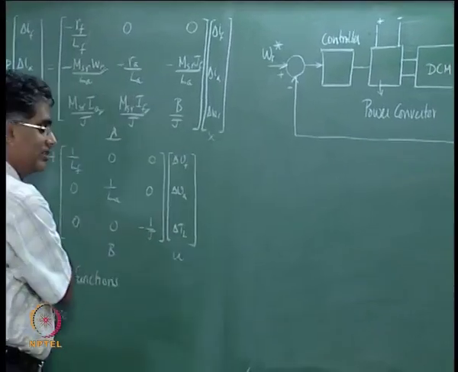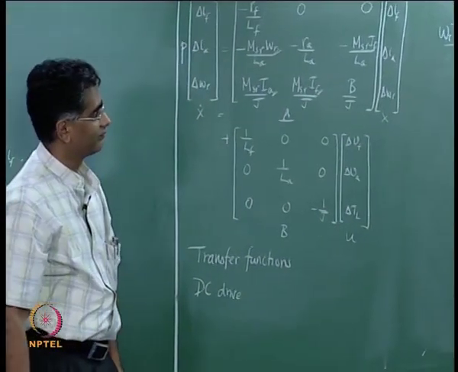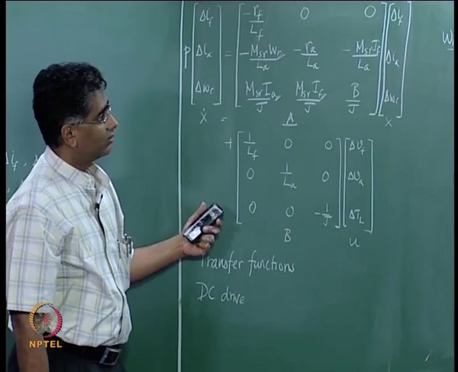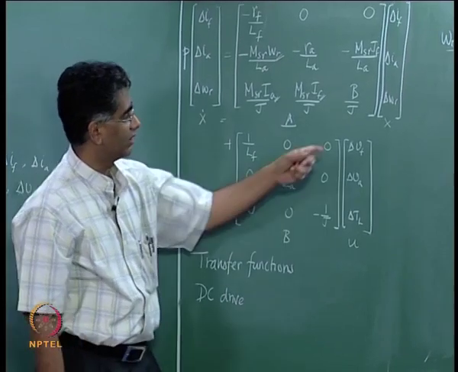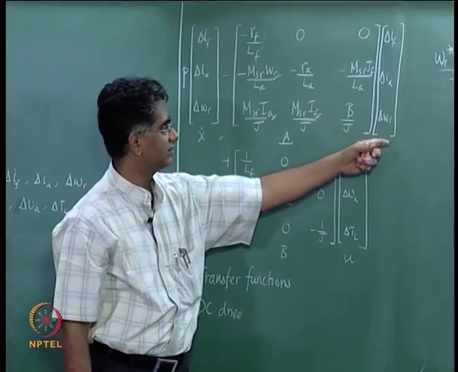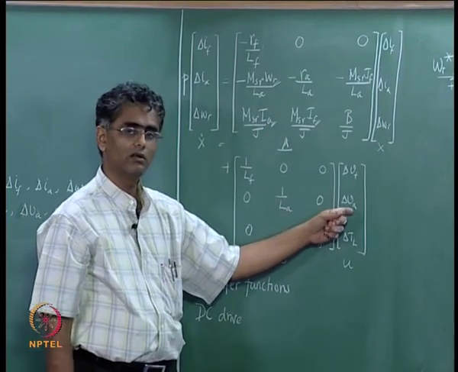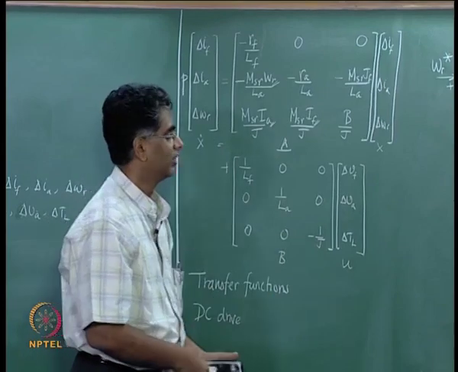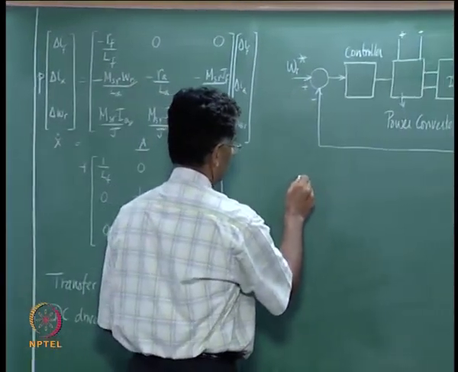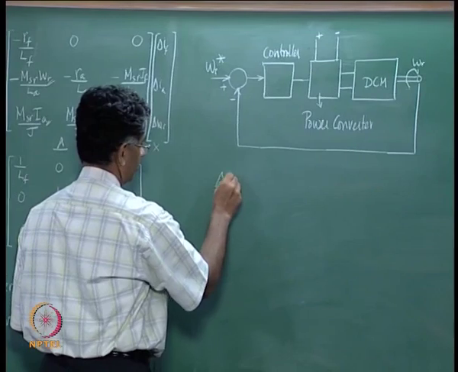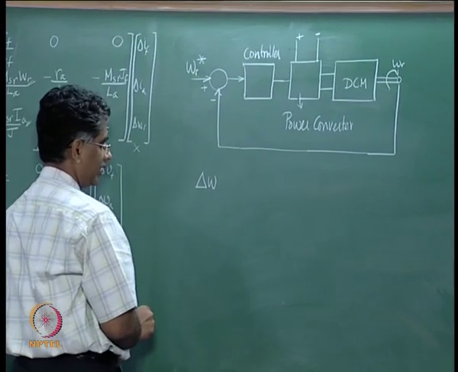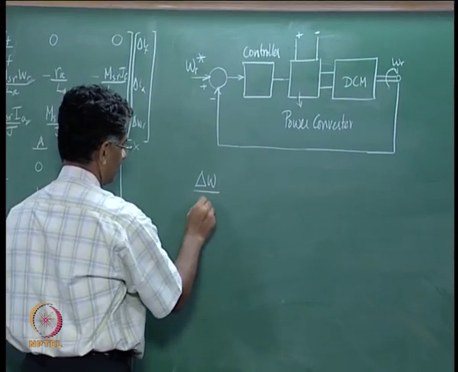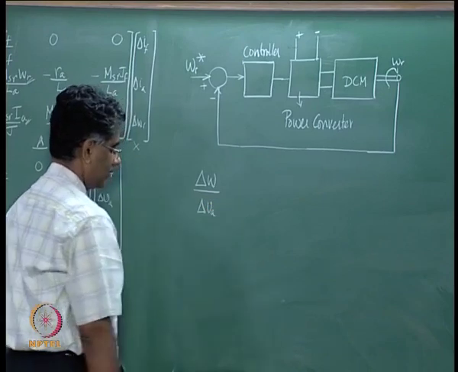You now look at these equations that we have derived. You need to know how the speed is going to change when you change delta VA, when you change something at the armature. So basically you are then looking at the response delta omega as a function of delta VA.